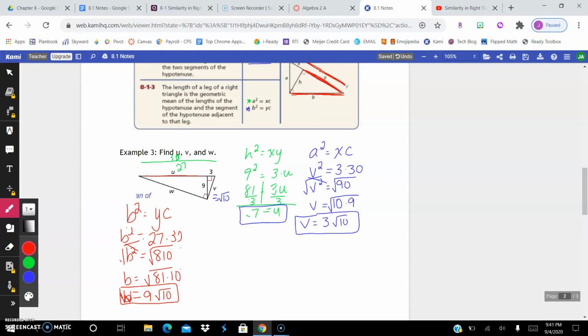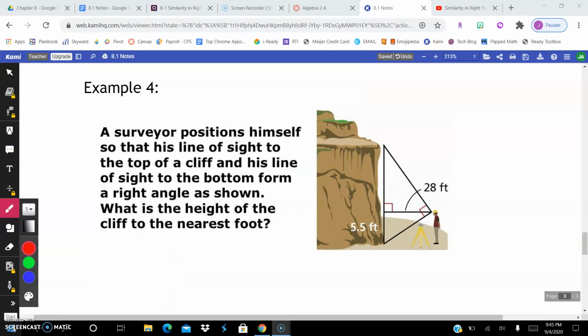I should have. Example 4 says a surveyor positions himself so that his line of sight to the top of a cliff and his line of sight to the bottom form a right angle as shown. What is the height of the cliff to the nearest foot? So they want us to figure out what is the hypotenuse of this large triangle.